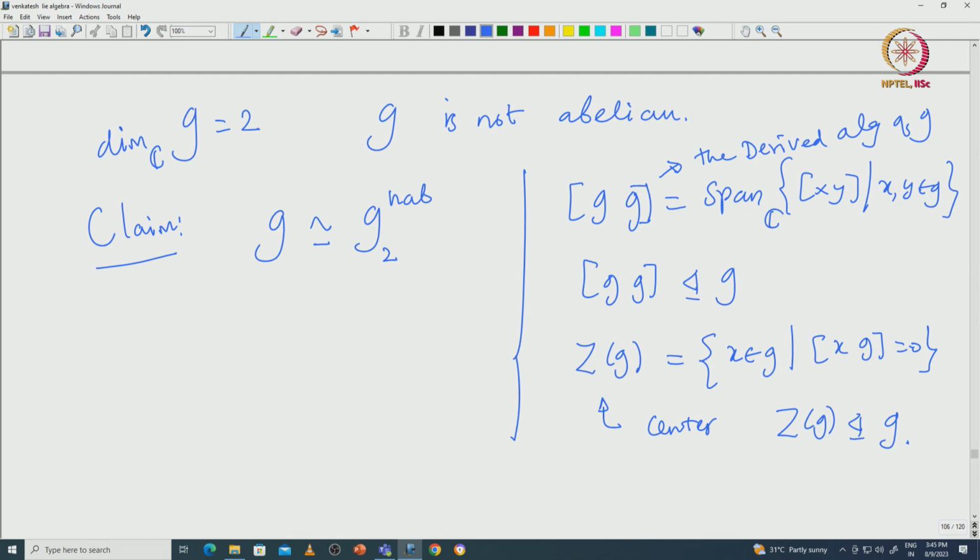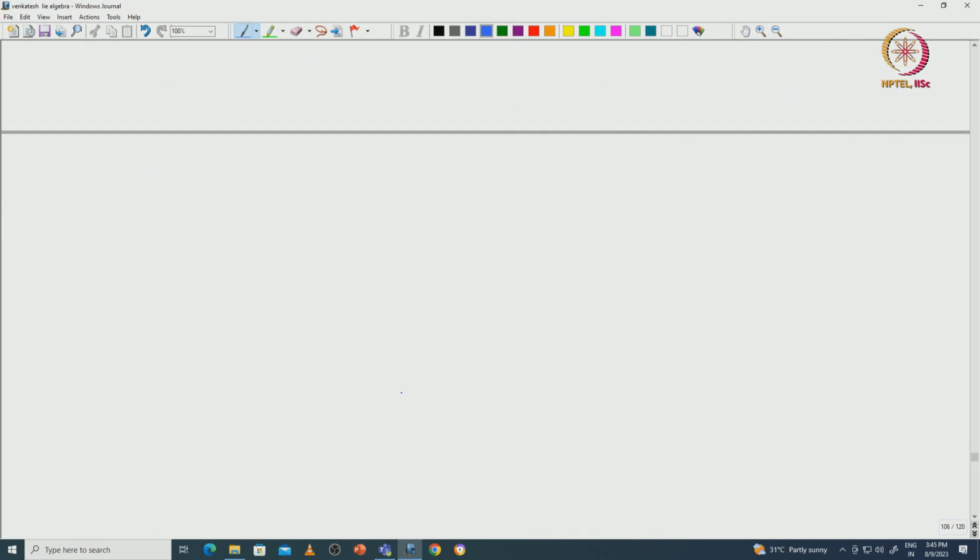Now, this G is not abelian, that means the derived algebra must be non-zero. It is not hard to give the following characterization.